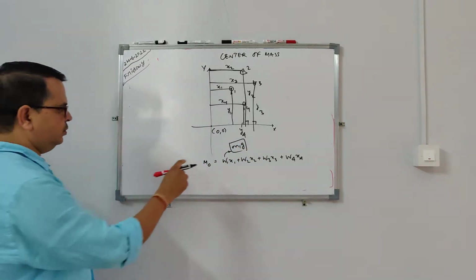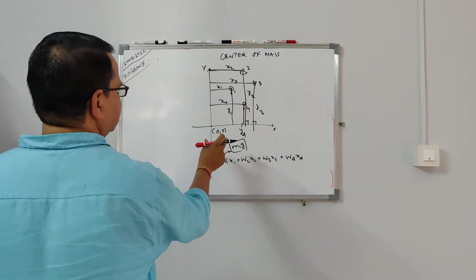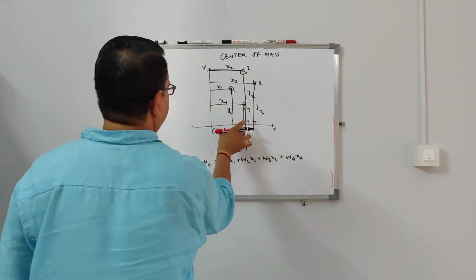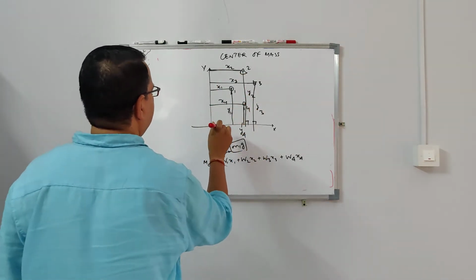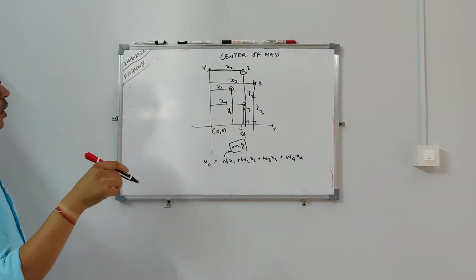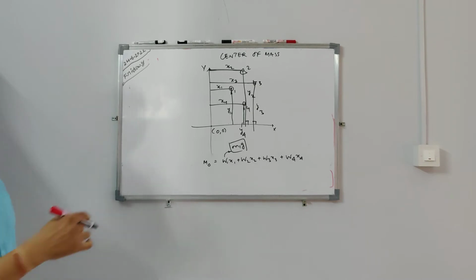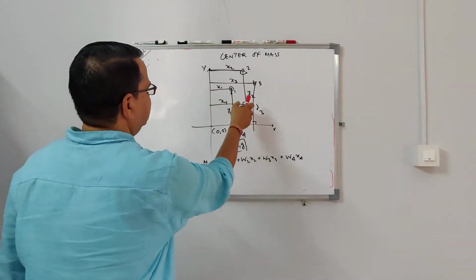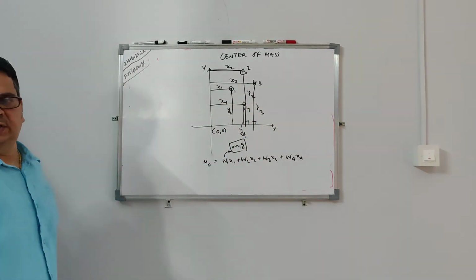So this x1 distance will cause the moment about the y-axis, because this is your y-axis. This is the x1 distance; it will rotate about the y-axis.